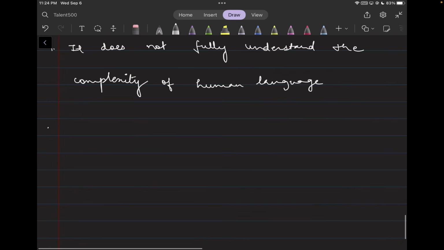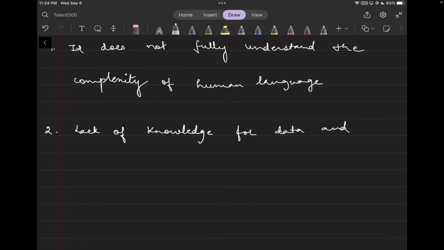Now, what could be the next limitation for this? So, like I mentioned before, this has a lack of knowledge of data and events after 2021.